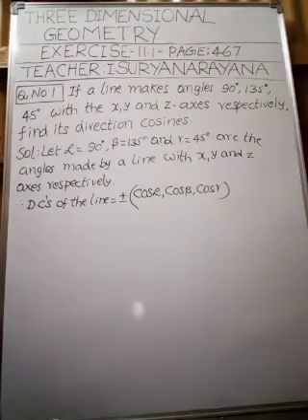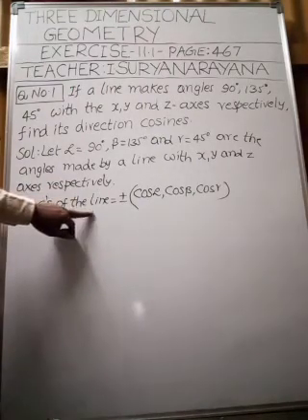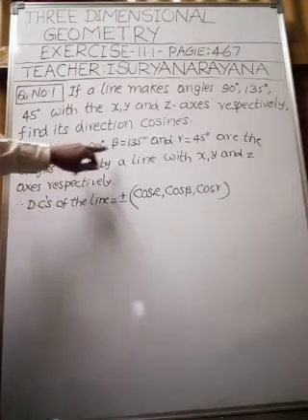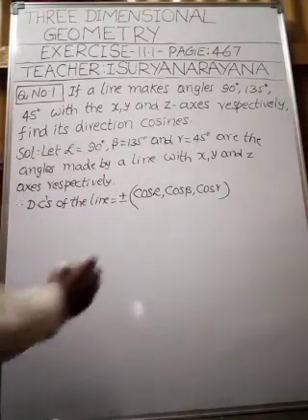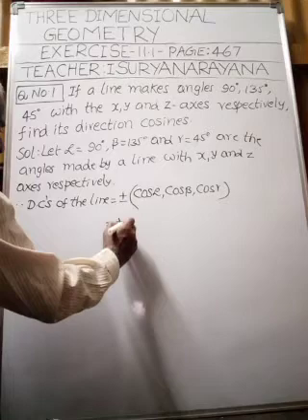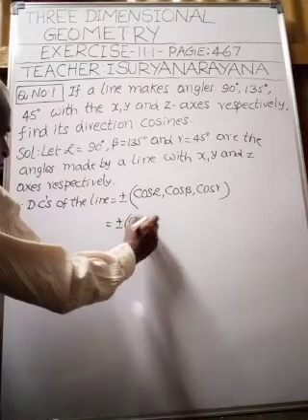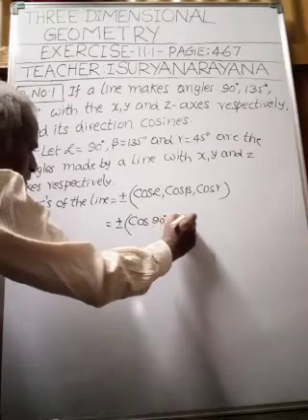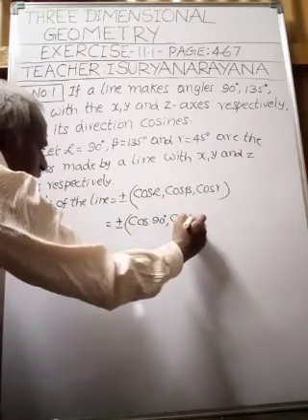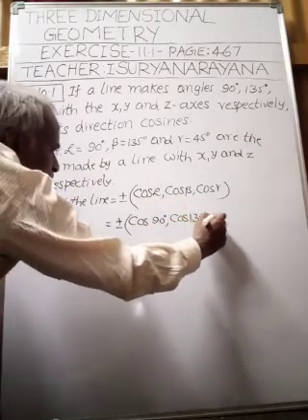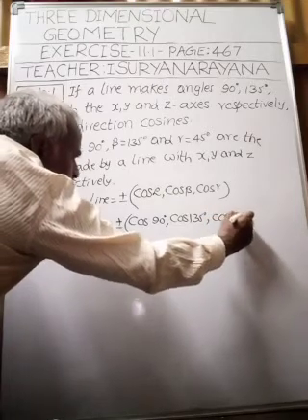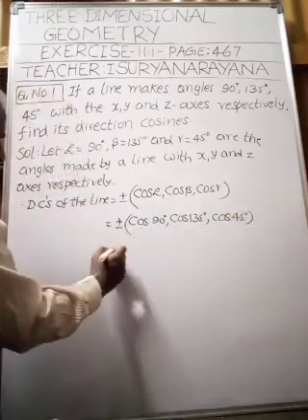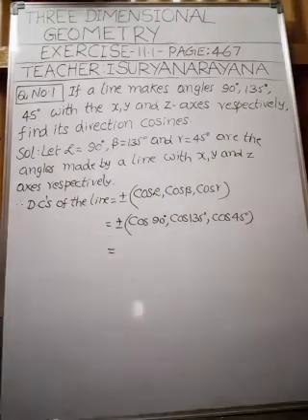This is the formula to find the direction cosines of a line if the direction angles are given. That is equal to plus or minus cos 90 degrees, cos 135 degrees, cos 45 degrees. Understood this step?